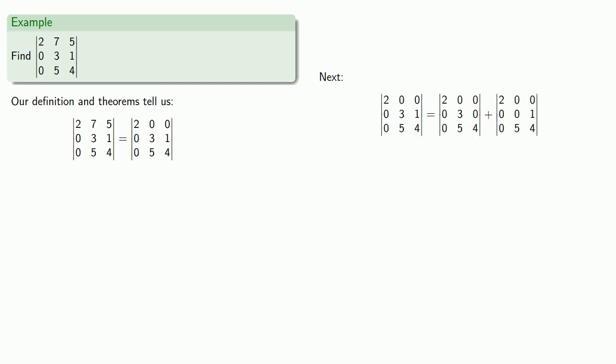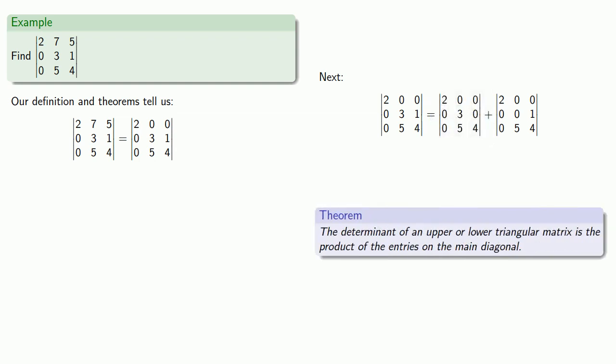For the determinant of the simpler matrix, I can use linearity and rewrite this as the sum of the determinants of 2 matrices, where this time I'm going to break apart that second row into 0, 3, 0 and 0, 0, 1. Now notice this first matrix is a lower triangular matrix, and we know what to do with the determinant of a lower triangular matrix.